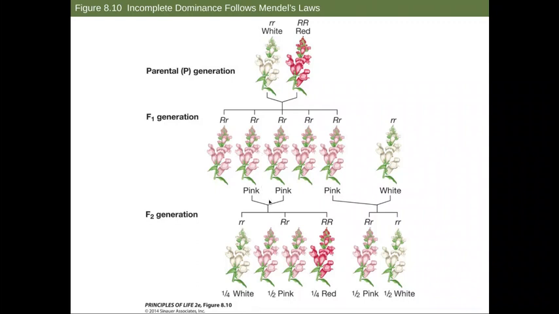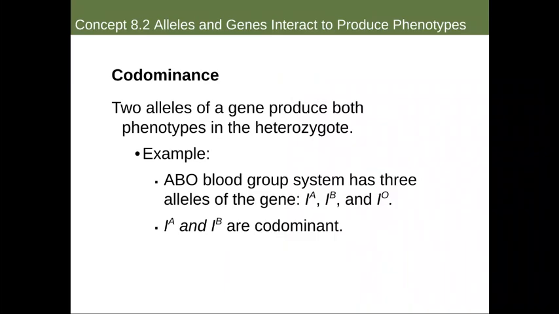If we cross two heterozygotes, we end up with that 1 to 2 to 1 ratio like we talked about in the first lesson. If we cross it with a white parent, we end up with a 1-to-1 ratio of pink to white over here. So again, these alleles don't disappear. It's just that they will segregate independently when we go through our F2 cross.